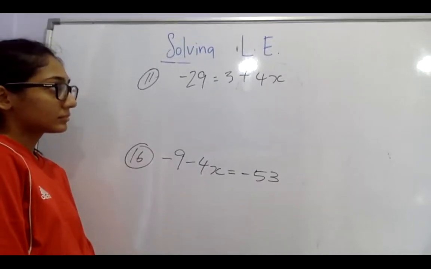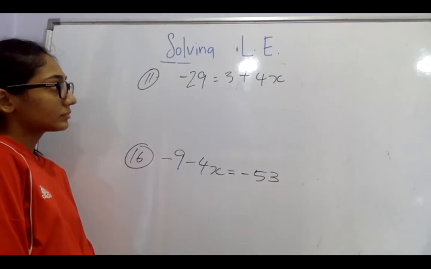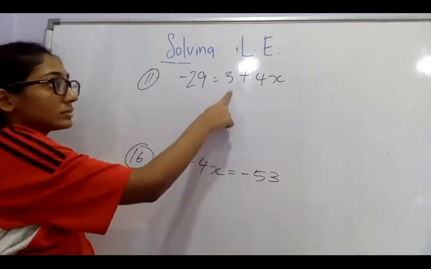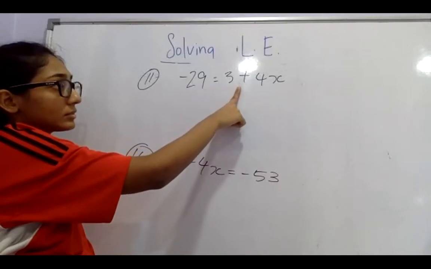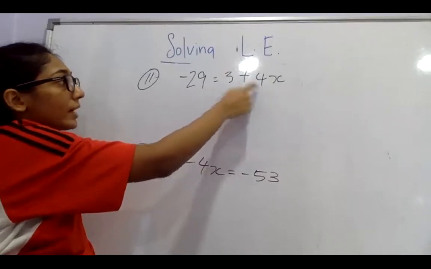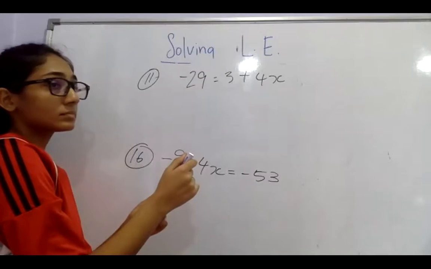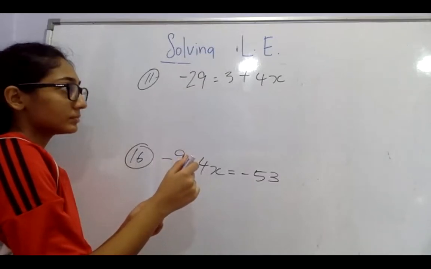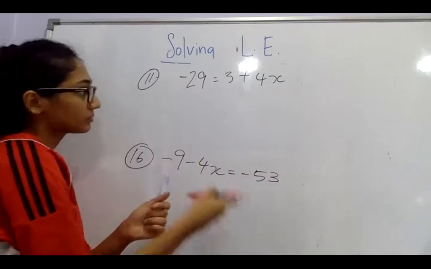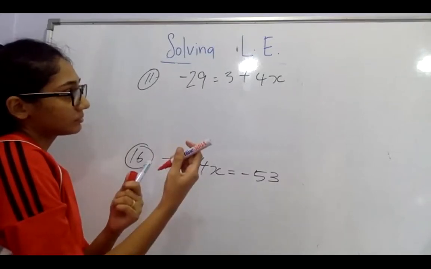You take the 4x and put it in front to where the negative 29 is. The 3? The one stays there. So the 4x, if I bring over, becomes what? 4x equals to 3 plus negative 29.